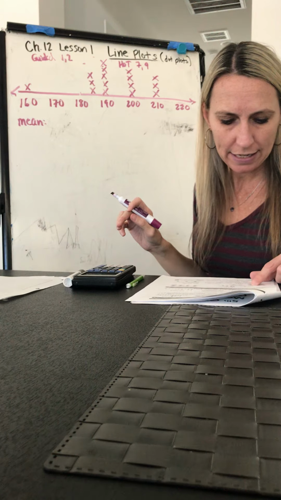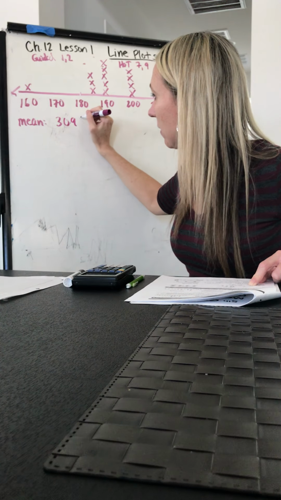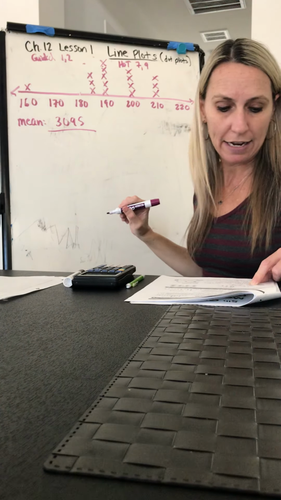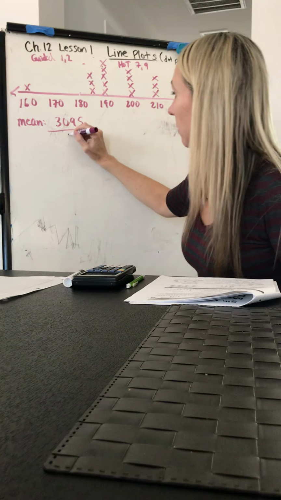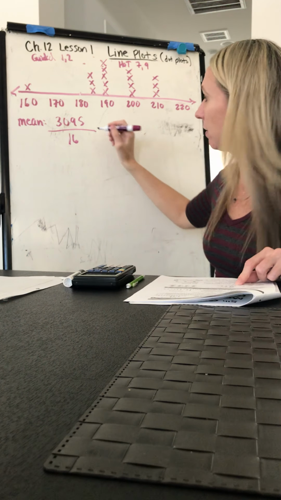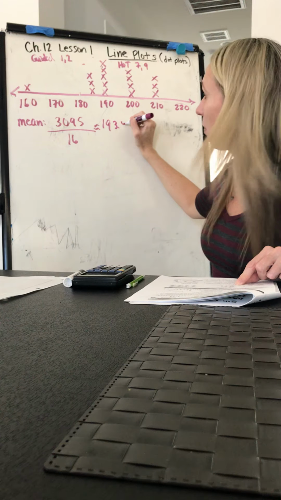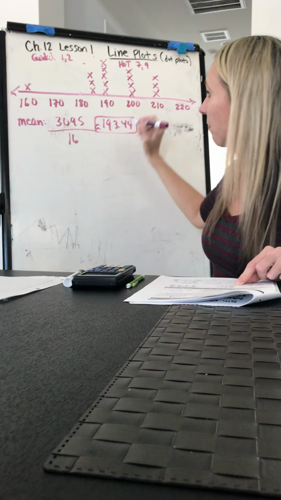You're going to get 3,095. And there are 16 pieces of data, so we divide that by 16, and we get about 193.44, and that's our mean.